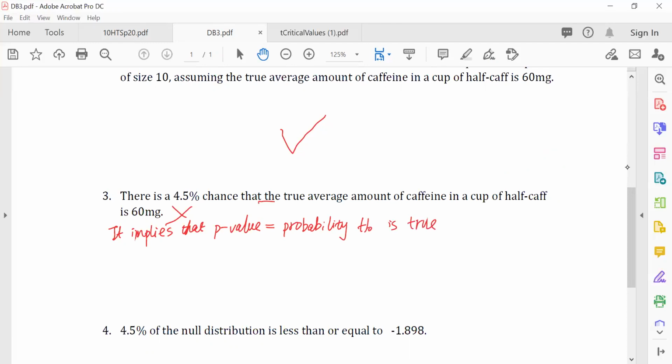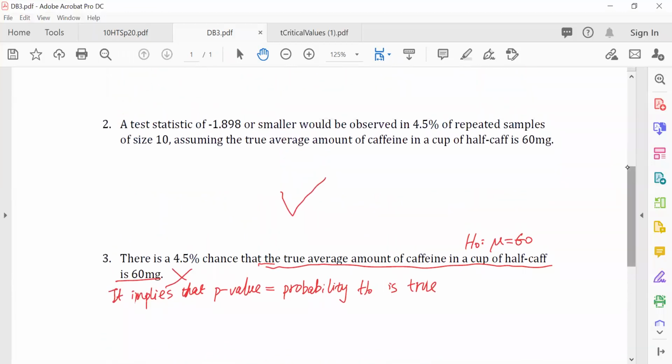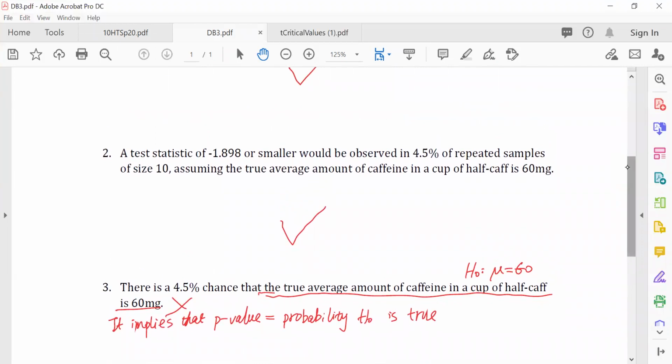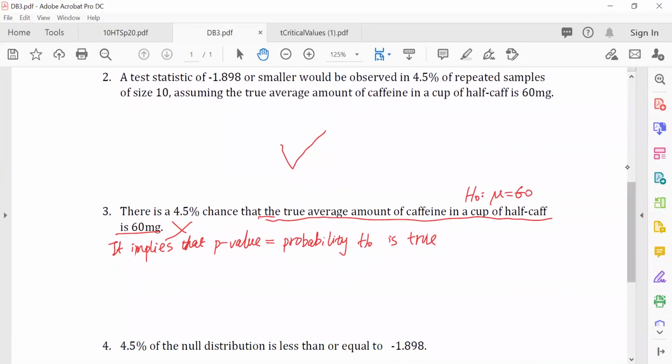The true average amount of caffeine is 60 milligrams. This is H null, right? And it is saying that the probability that H null is true is 4.5%. And that is not correct. That is not what the p-value is. The p-value is the probability that you are going to observe the test statistic that you calculated or more extreme under the null distribution.